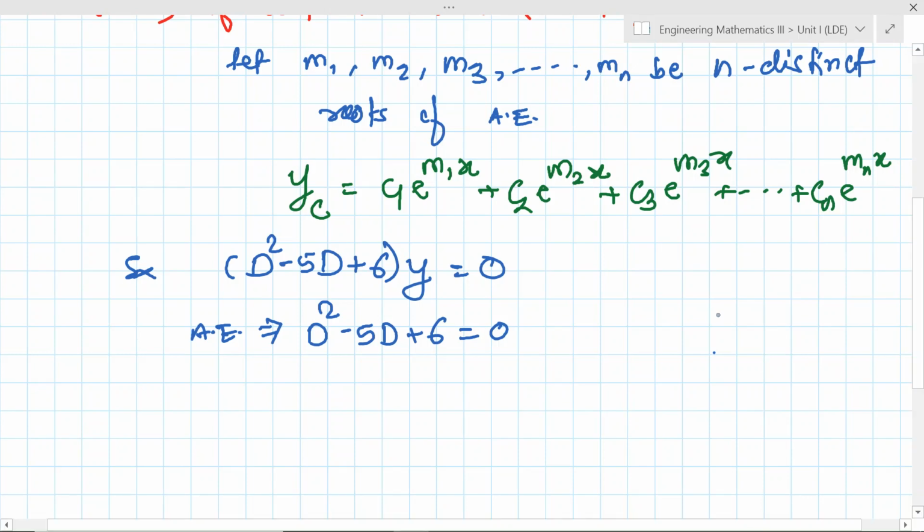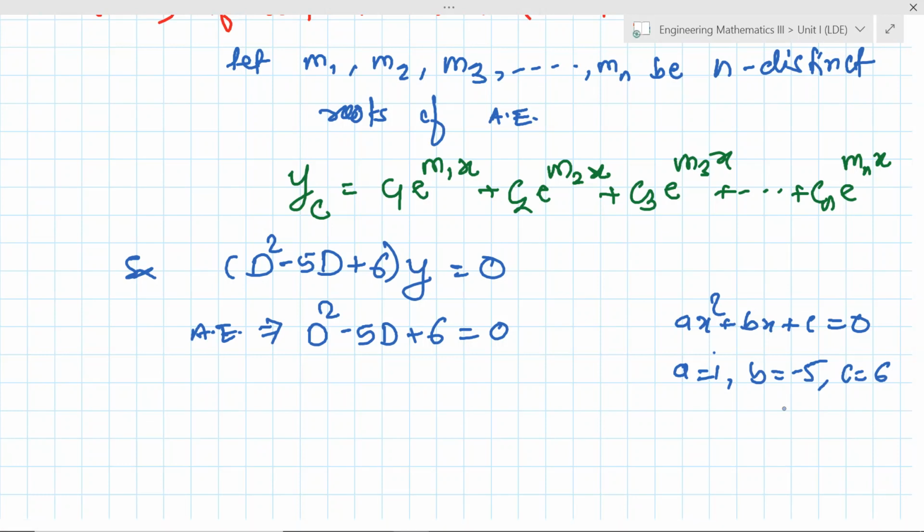We are comparing this equation with ax square plus bx plus c equal to 0. So a is the coefficient of D square, it is 1. B is minus 5. And c is 6. Substitute the values of a, b, c in the calculator: a is 1, equals, b is minus 5, equals, c is 6, equals.